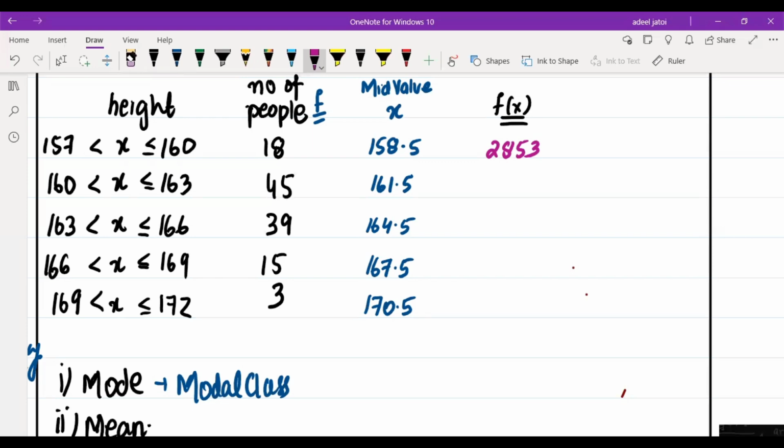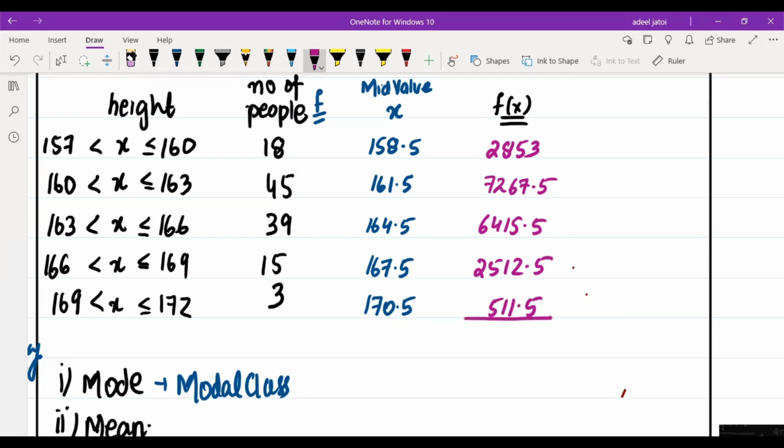Then the next value is 161 multiplied by 45, which is 7267.5. Then we have 164 multiplied by 39, which is 6415.5. Then we have 167.5 multiplied by 15, which will be 2512.5. And lastly, we have 170.5 multiplied by 3, which is 511.5.